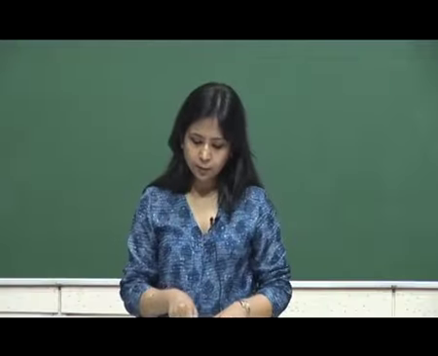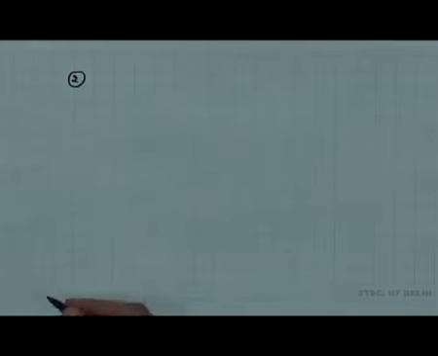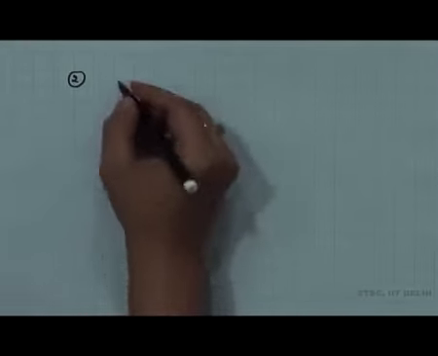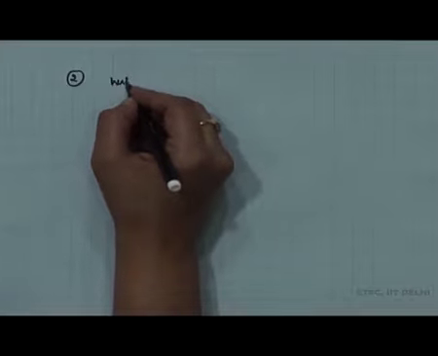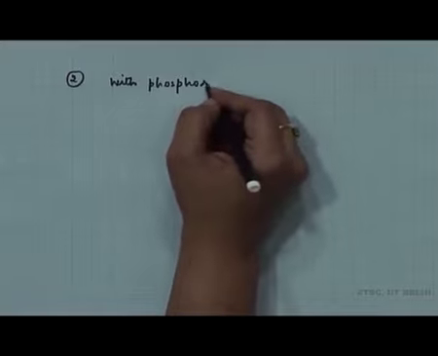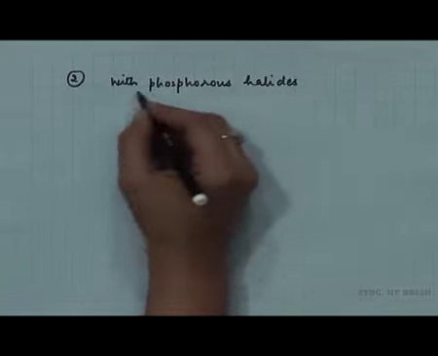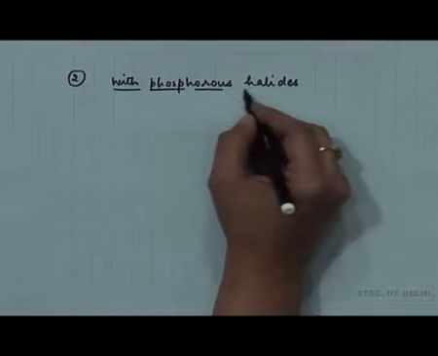Now we will come across a second method which is used for this kind of substitution, and this is when we treat the alcohols with phosphorus halides. Just now we saw that alcohols react with phosphoric acid to give phosphates.